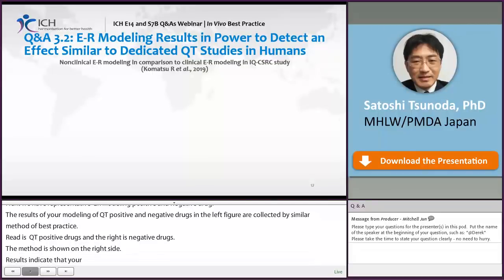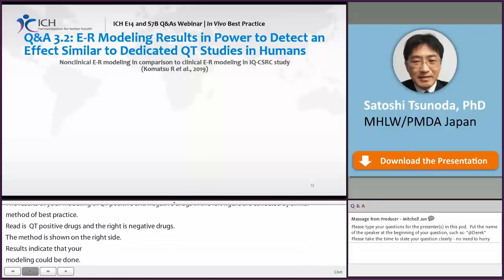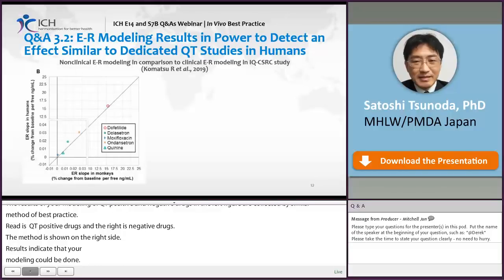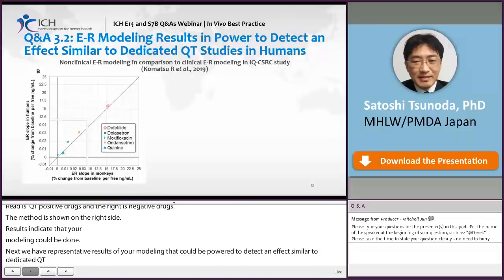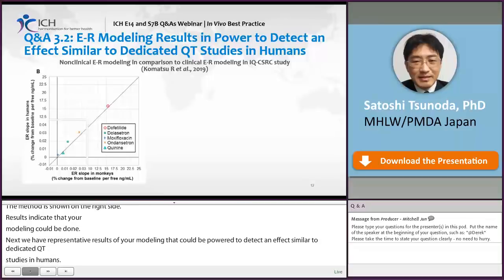Next slide shows representative results that ER modeling could be powered to detect an effect similar to dedicated QT studies in humans. Left figure shows ER slopes in monkeys administered QT positive drugs were in good agreement with humans, showing slightly similar slopes in appropriate ER modeling.